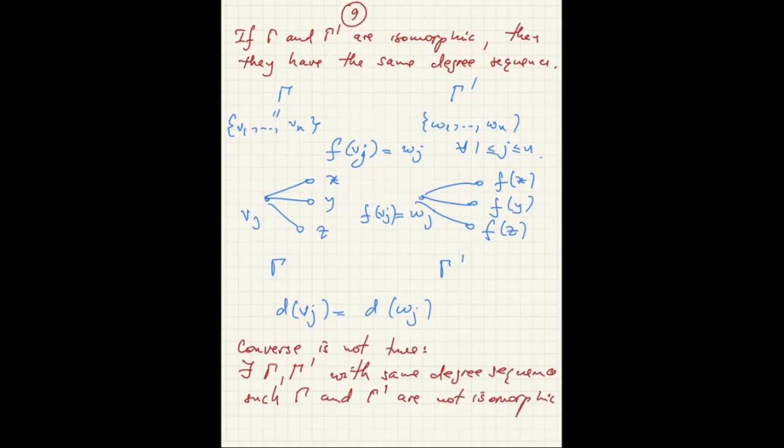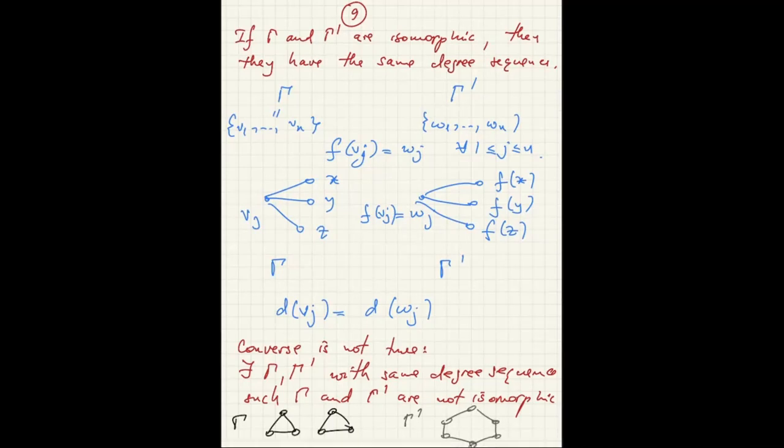So the simplest example I can think of is to take gamma as being two triangles, and gamma prime the hexagon.